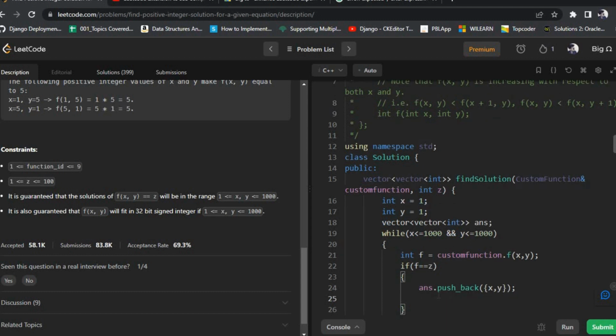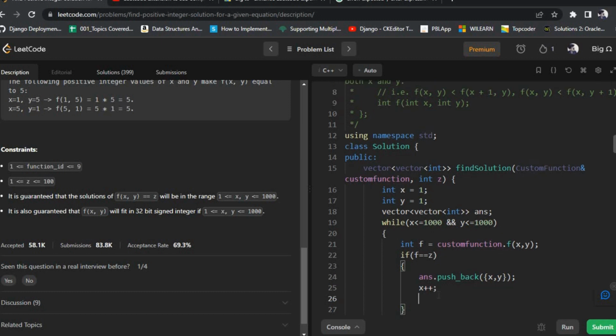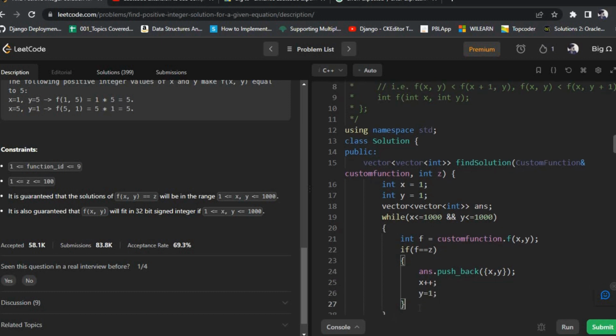Now after getting the answer, we have to increment the x, and y becomes 1, as we discussed in the explanation.